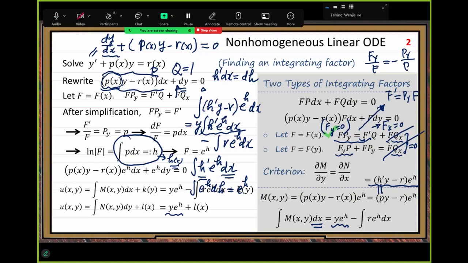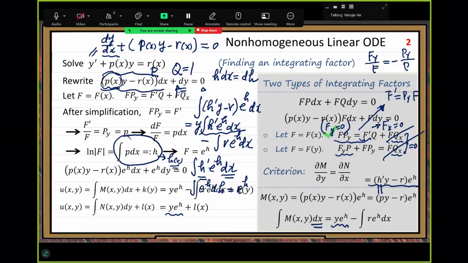Then this e to the h we treat as a constant. That's why we have y times constant, as in the first integral, right?